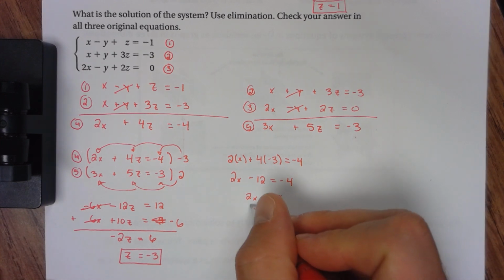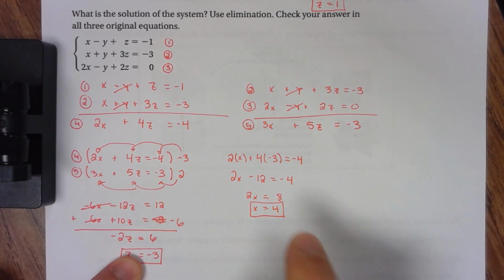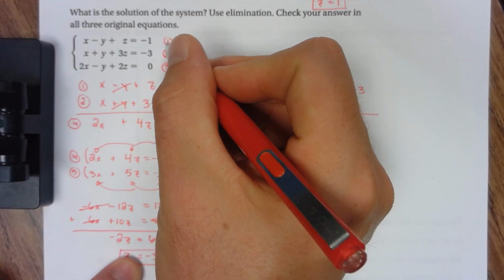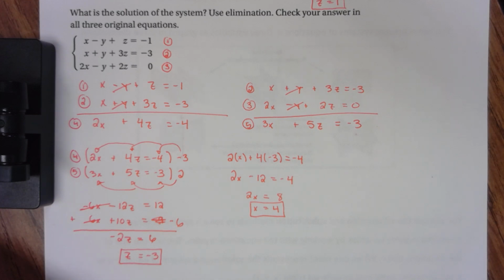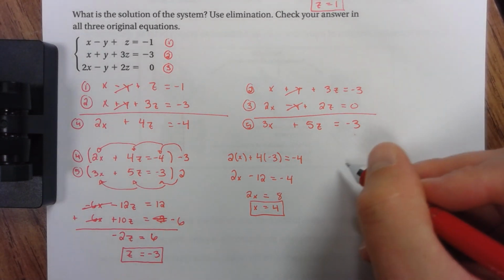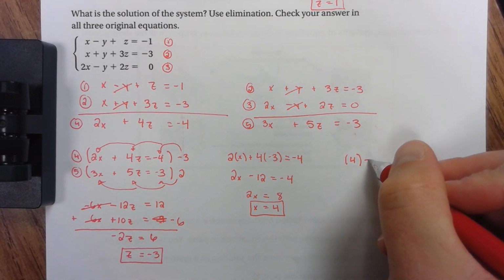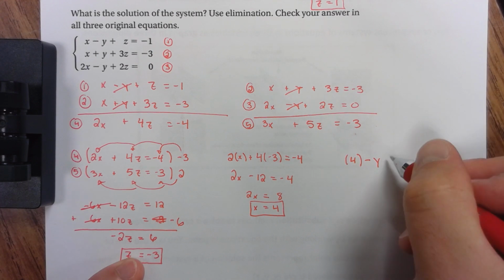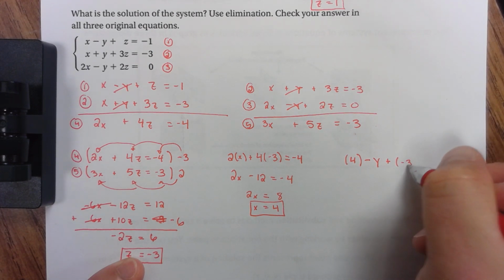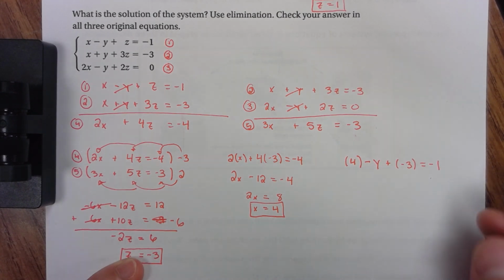And now that I know x and z, I can take these two values, plug it into either equation 1, 2, or 3, which will help us find y. So I'm going to go equation 1. So 4 minus y. We don't know y yet. That's what we're looking for. Plus negative 3 equals negative 1. So 4 minus 3 is 1.